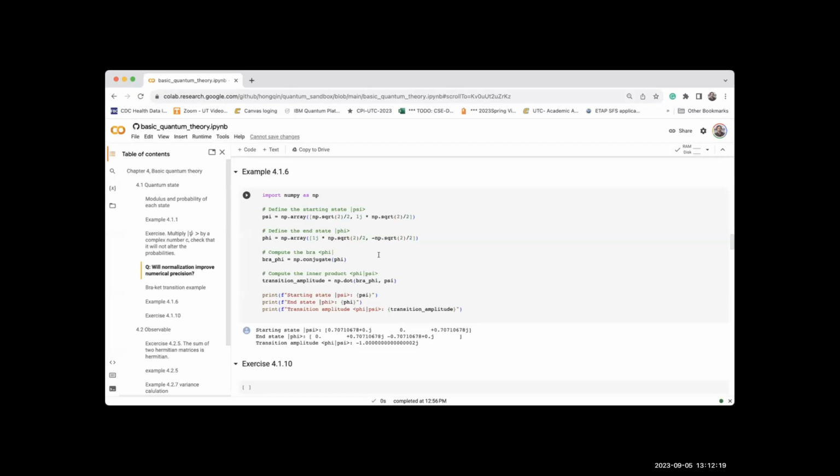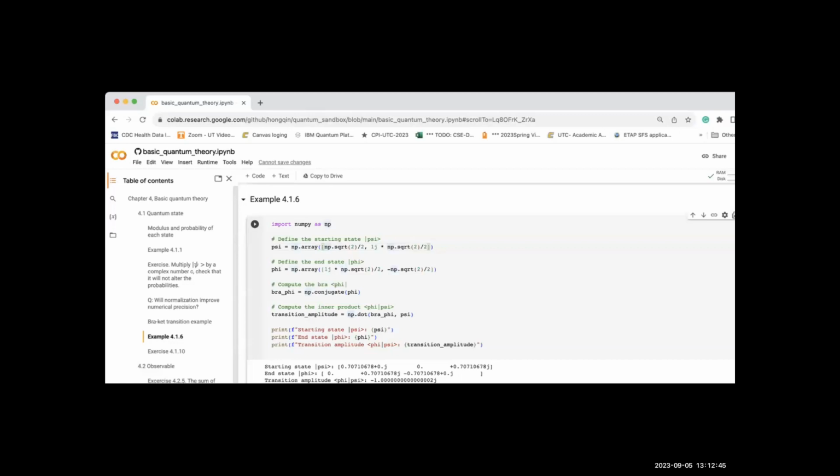So this is the Python code I wrote to do the example for 4.6. We have a psi, is that correct?